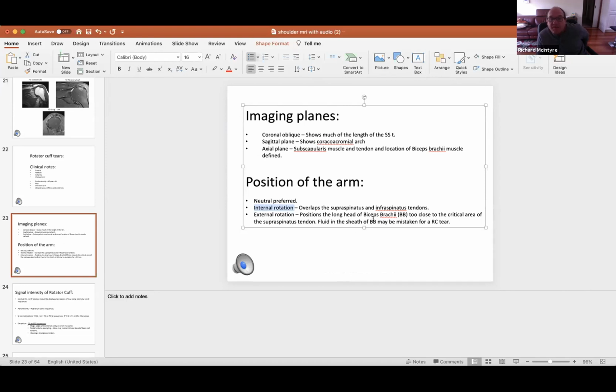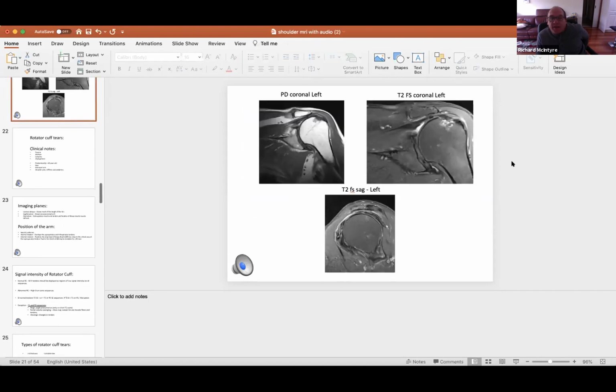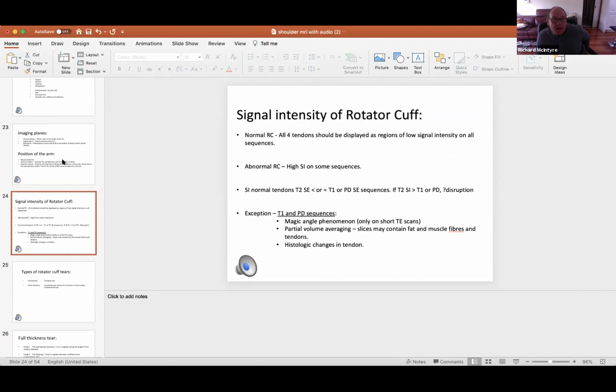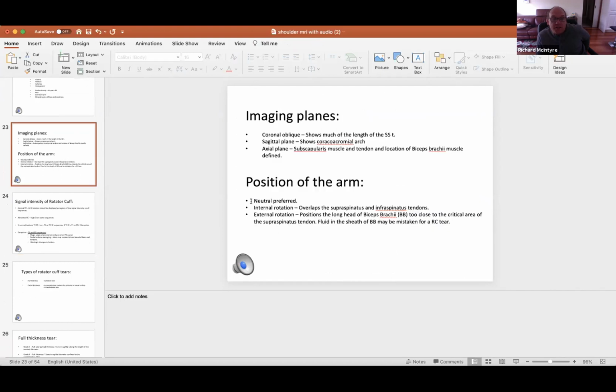Okay, so I can separate those two and show the doctor the difference, whether that is the biceps brachii, the supraspinatus, or both. Okay, so that's quite important. And that's all just the position, neutral versus internal versus external rotation.